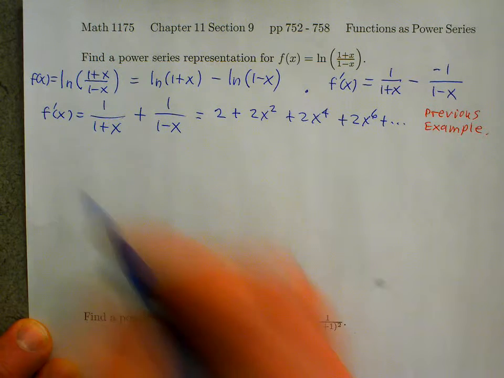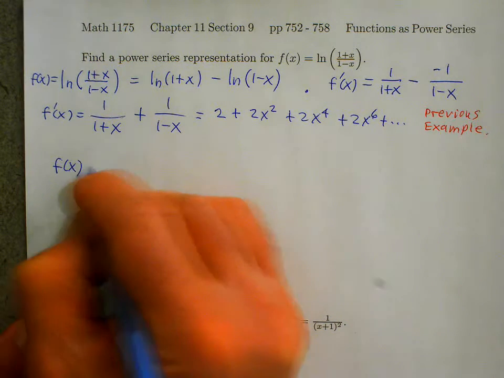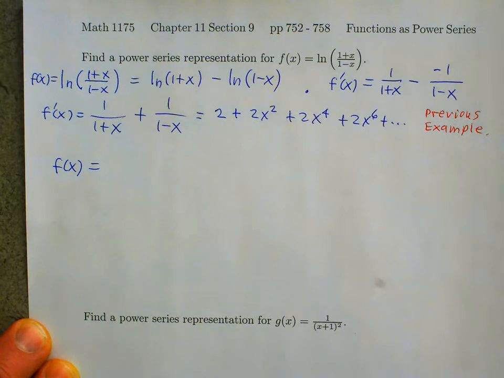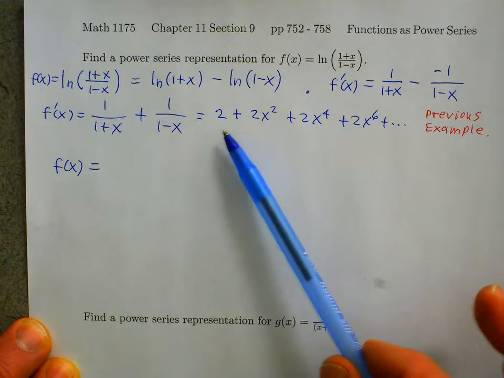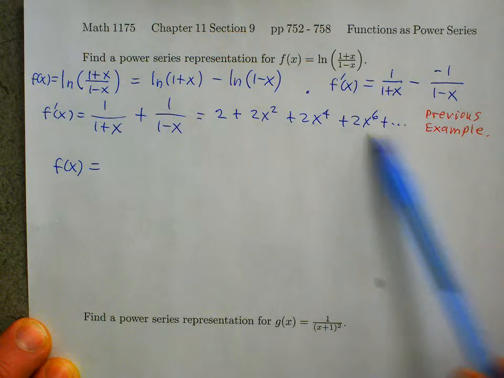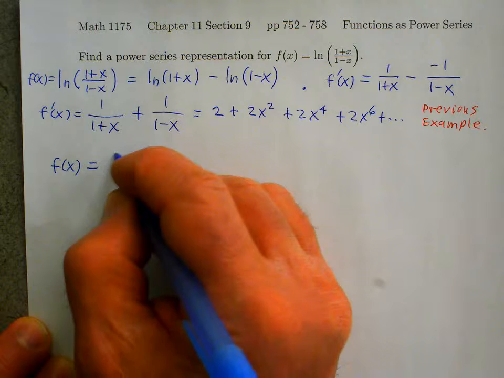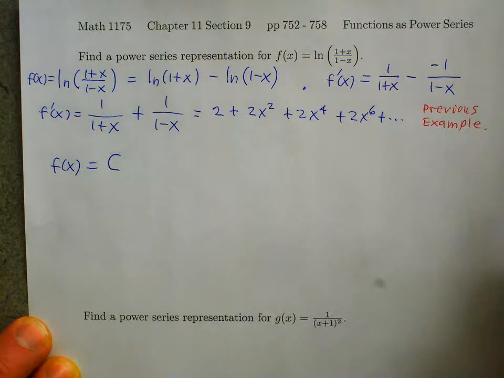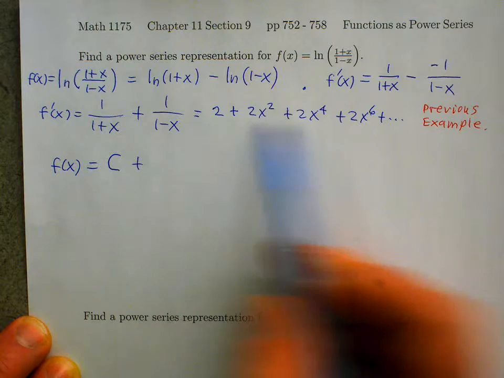All right, so the power series for f of x. Well, we're just going to term by term find an antiderivative for each of those. So we include the constant of integration c, and then find antiderivatives.